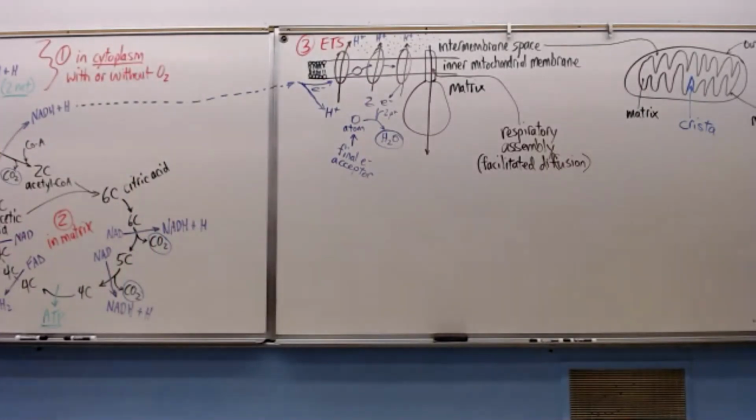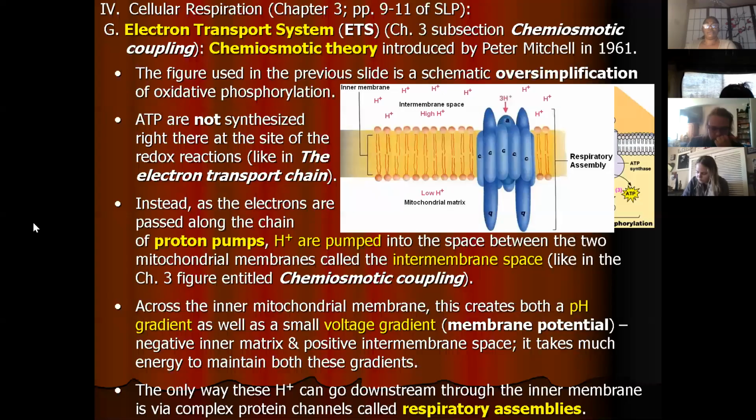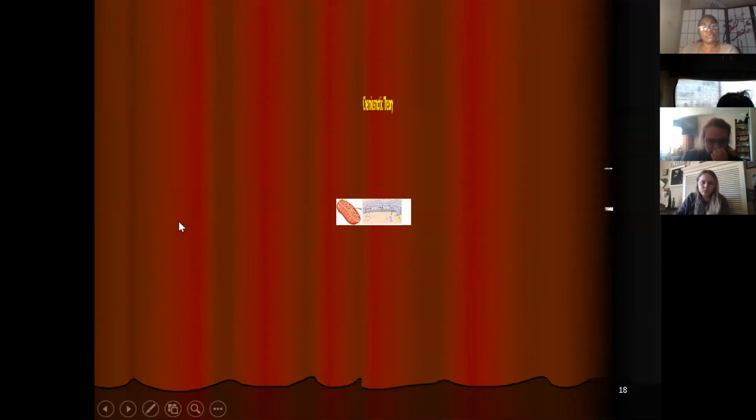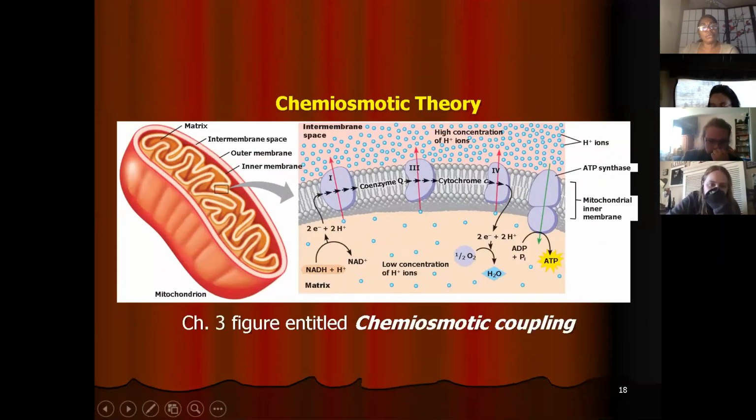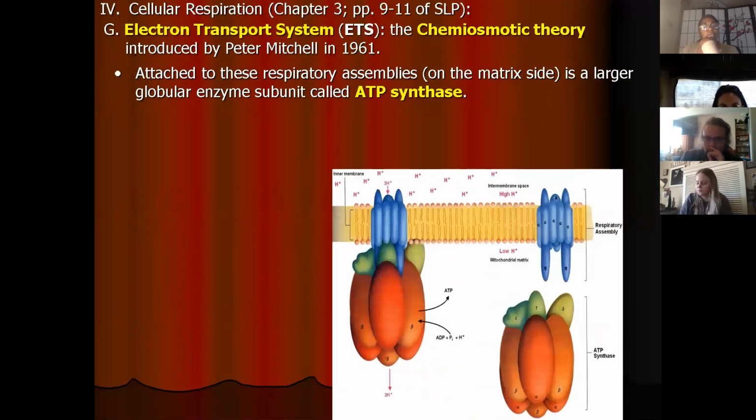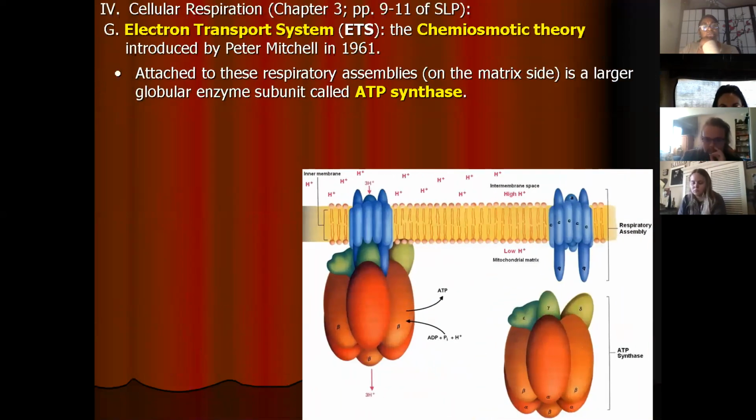Okay. Then what happens? Again, it's small sequential steps. As the protons are flying through the respiratory assemblies, attached to the respiratory assembly on the matrix side is an enzyme called ATP synthase.